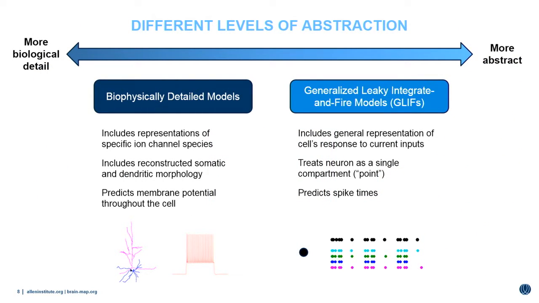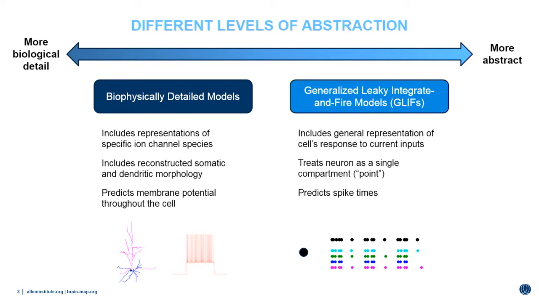So in order to address these questions, we basically have made models on many different levels of abstraction. These include biophysically detailed models, which have very specific representations of ion channels, and they have many parameters. They include using the reconstructions of the somatic and dendritic morphologies, and they can predict the membrane potential throughout the entire cell.